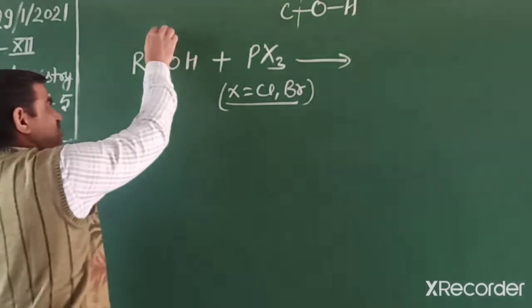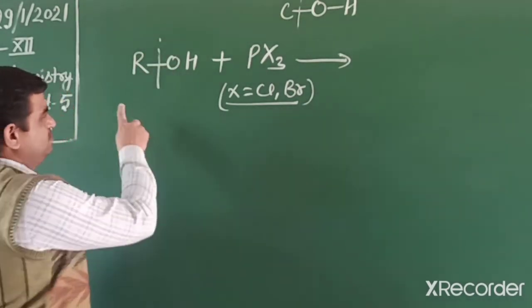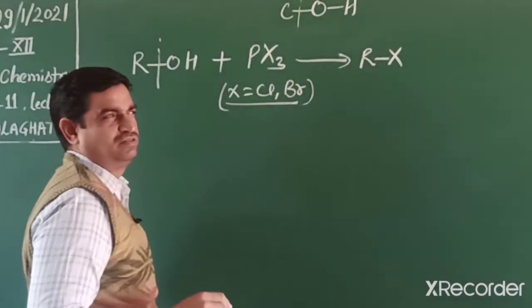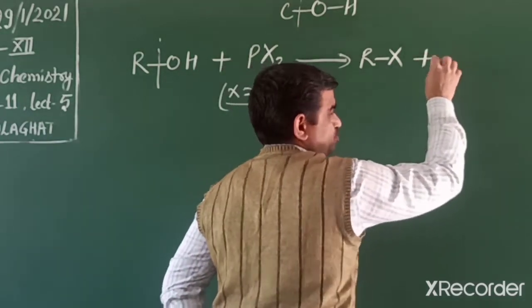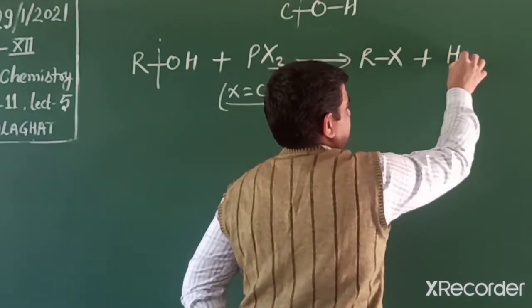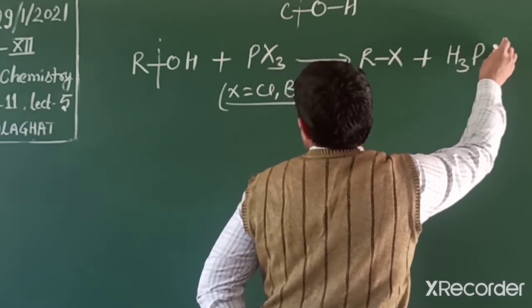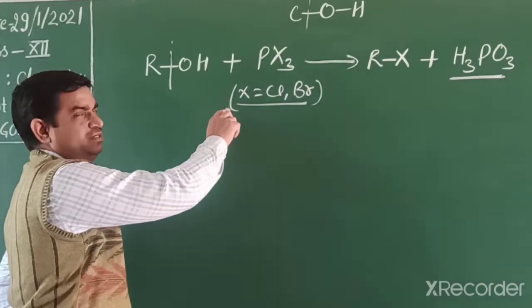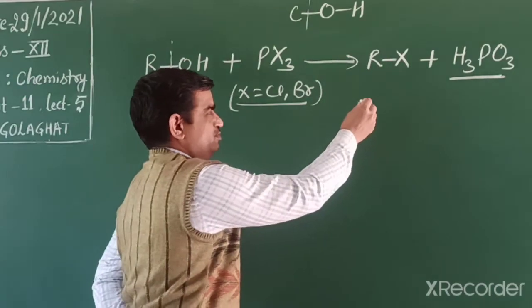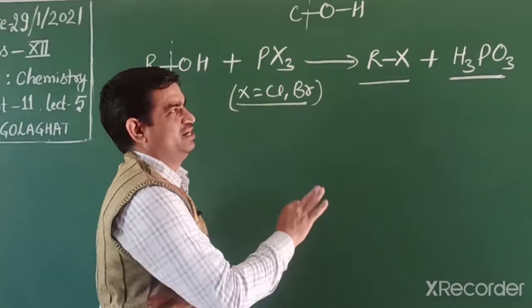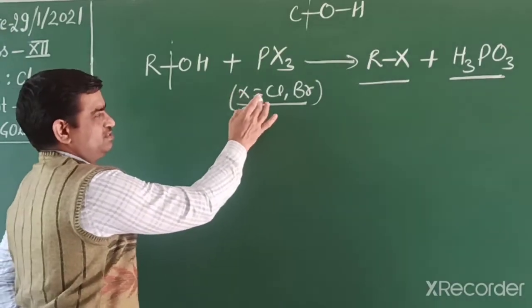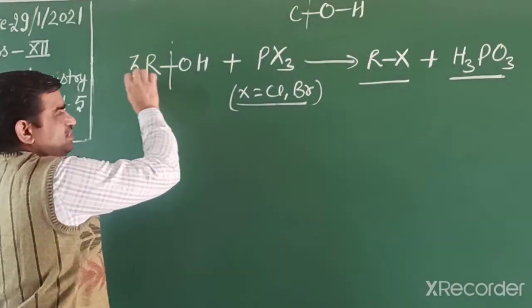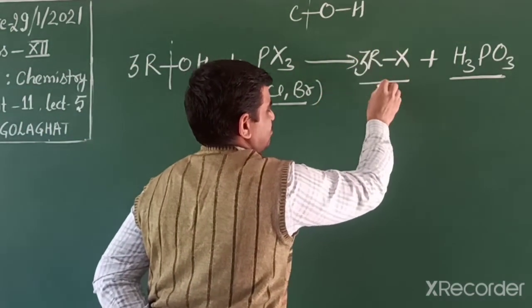In this reaction, in ROH the carbon-oxygen bond dissociates, and we get the corresponding alkyl halide plus phosphorus acid, H3PO3. When alcohol reacts with any phosphorus halide, we get the corresponding alkyl halide and phosphorus acid. The halogen is either chloride or bromide. If we balance the reaction, we can write it this way, 3 alkyl halide.